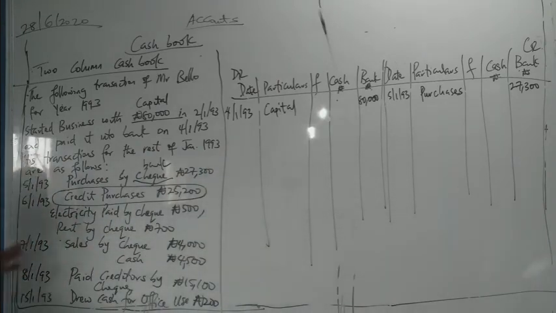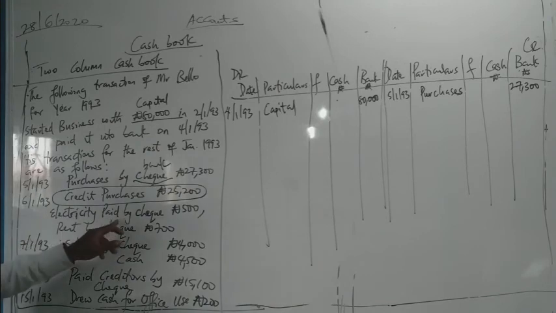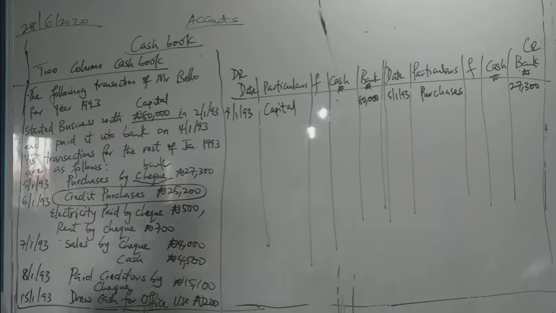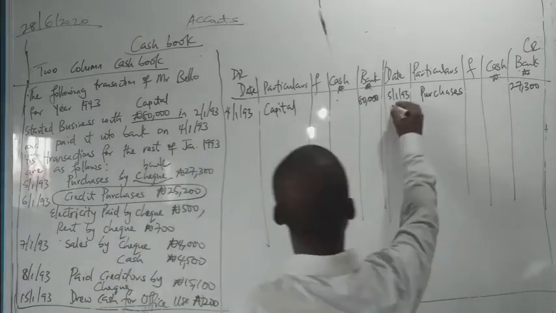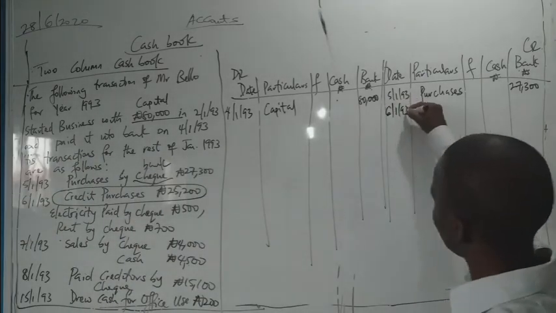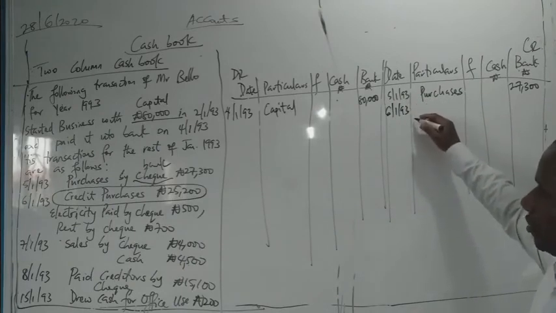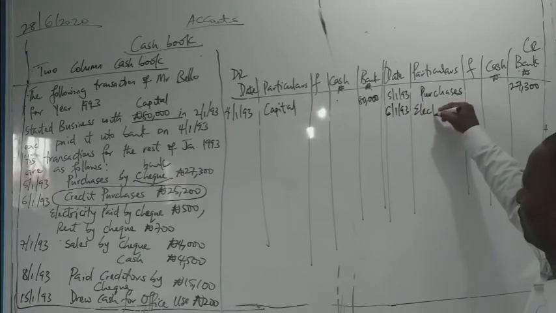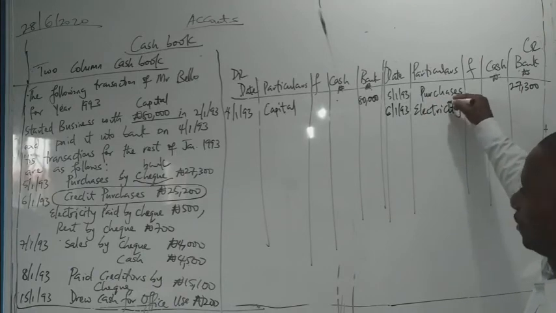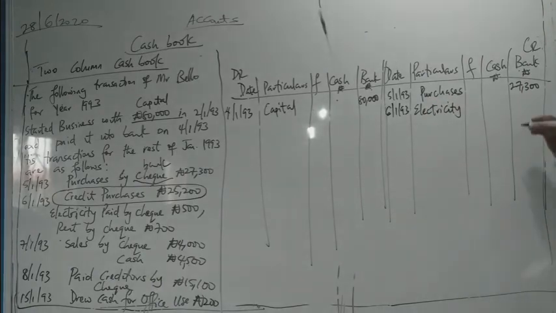Let's continue. Still on that 6th of January, electricity paid by check, 500. Money is going out. It will come on the 6th. How much? Electricity, 500 naira by check.